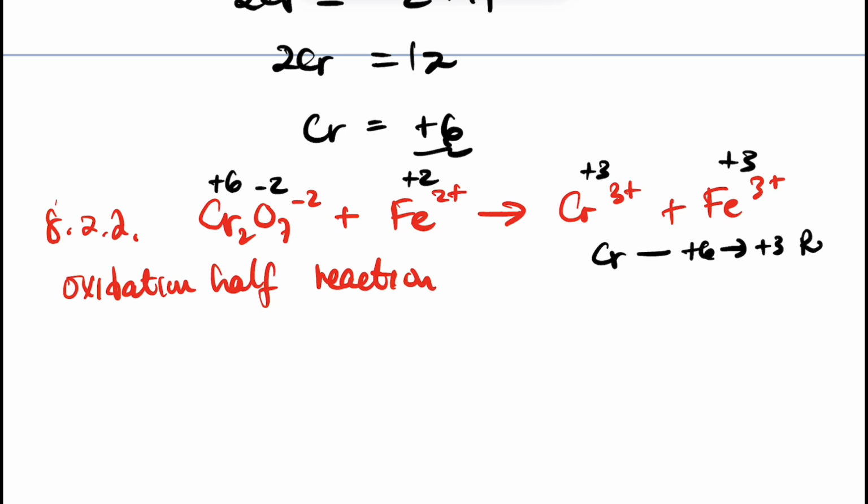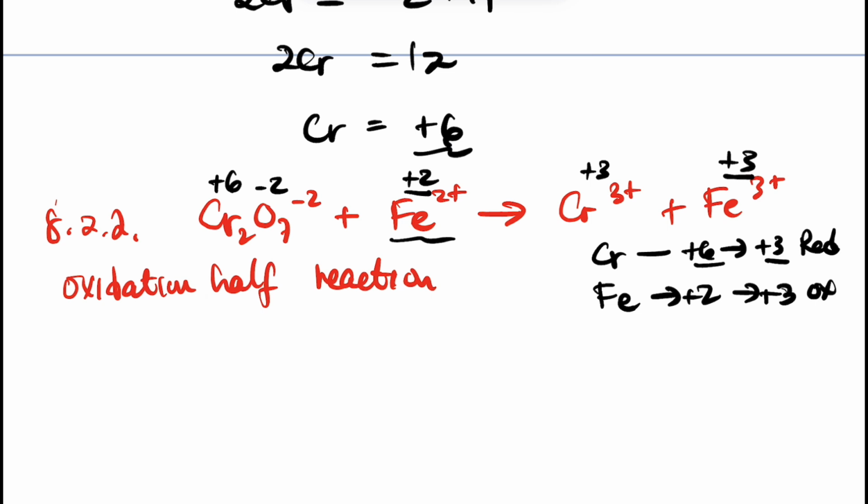That means it's a reduction, because the oxidation number decreases from 6 to 3. And then let's look at the iron. What's happening to iron? We're starting from +2 to +3, that means the oxidation number increases. That means oxidation occurs there.